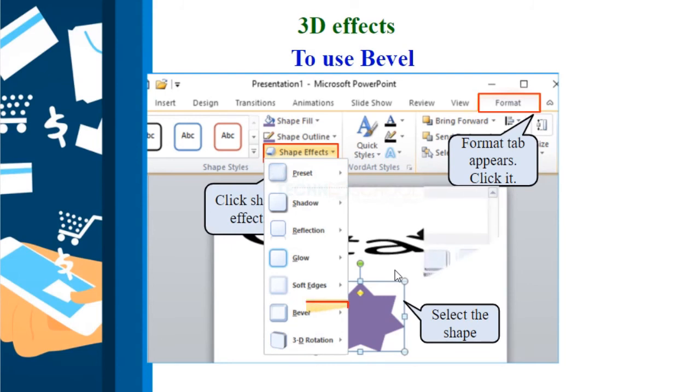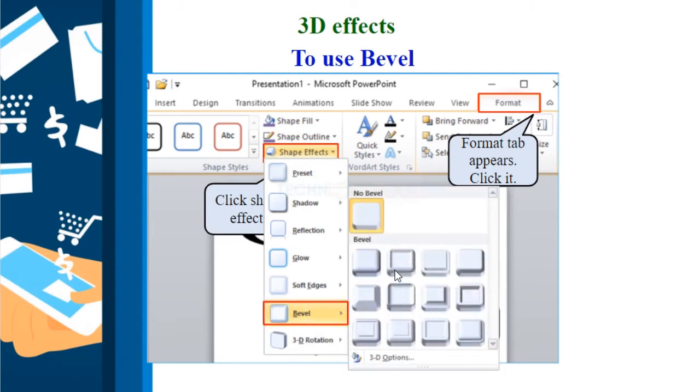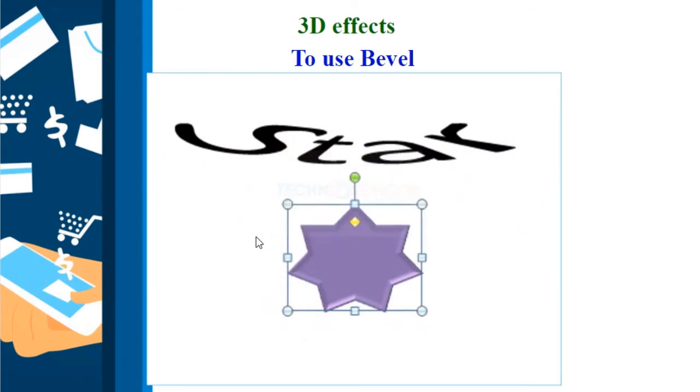A drop-down menu will appear. Here, select the desired bevel preset from the drop-down menu. You can also click 3D Options if you would prefer to type in custom values. Like this you can use it.